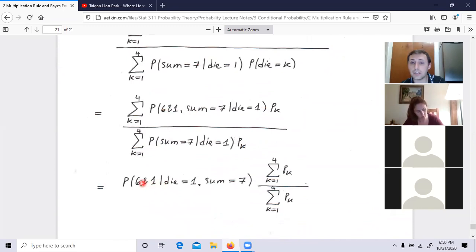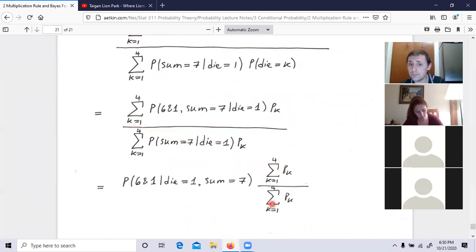Here you see, I factor it out in the numerator, and I factor it out in the denominator, and this summation cancels out. You see, this sum is just 1 divided by 1.